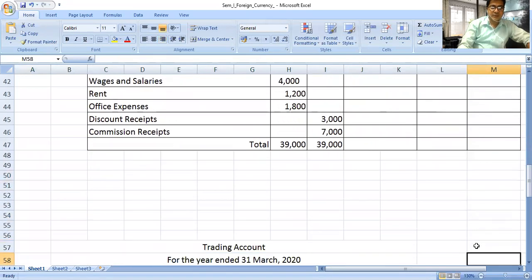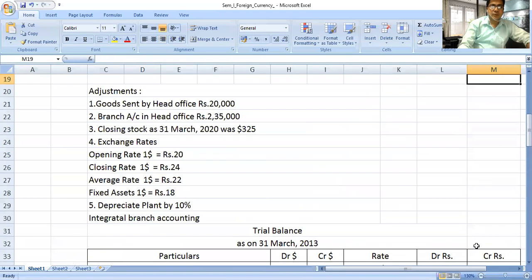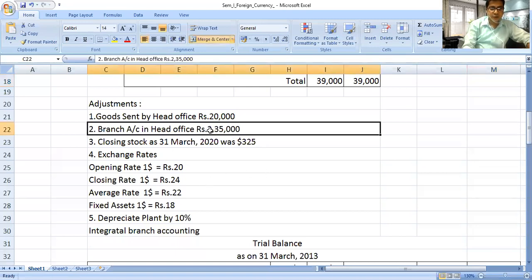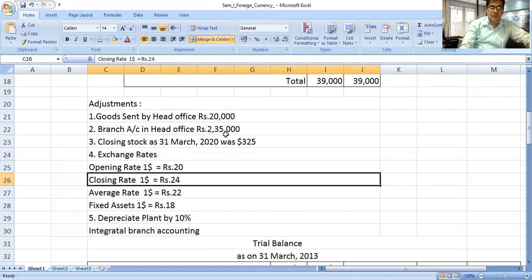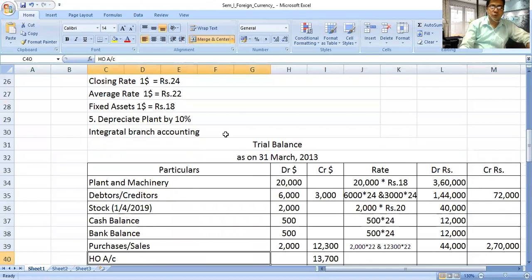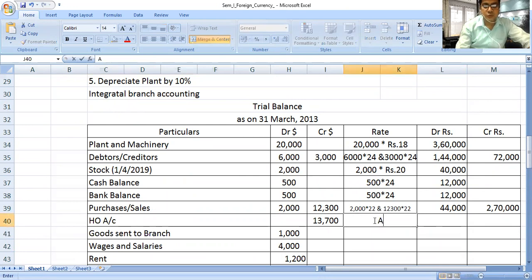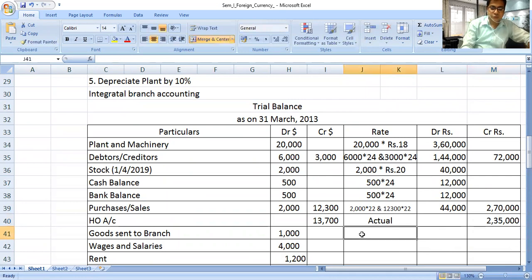In the adjustments, branch account in head office is 2,35,000. This is the value of the head office account and we show it directly. It is the actual value, there is no exchange. We will directly write here 2,35,000.